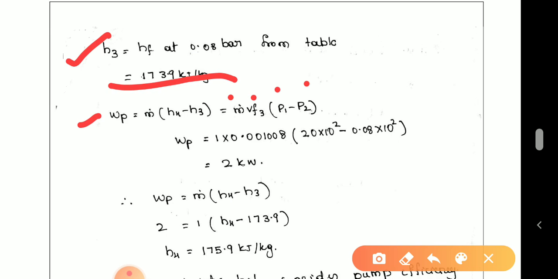Now substitute the mass, considering per kg unit, then the specific volume that we have noted down, 0.001, then P1, the boiler pressure, is 20, converted to kilonewton per meter square, and the condenser pressure is 0.08 into 10⁻². So the work done by the pump is equal to 2 kilowatt, or 2 kilojoule per second.